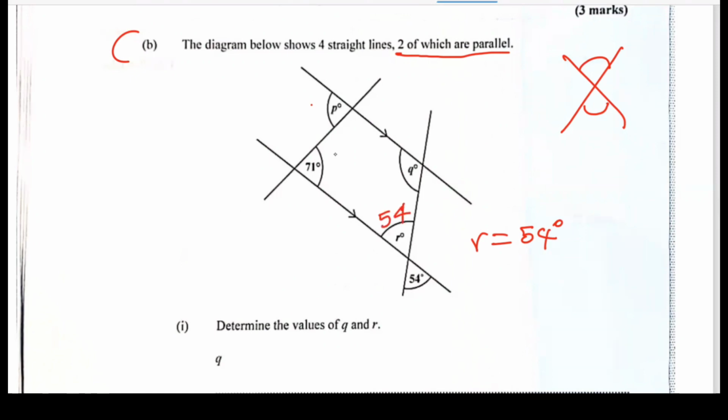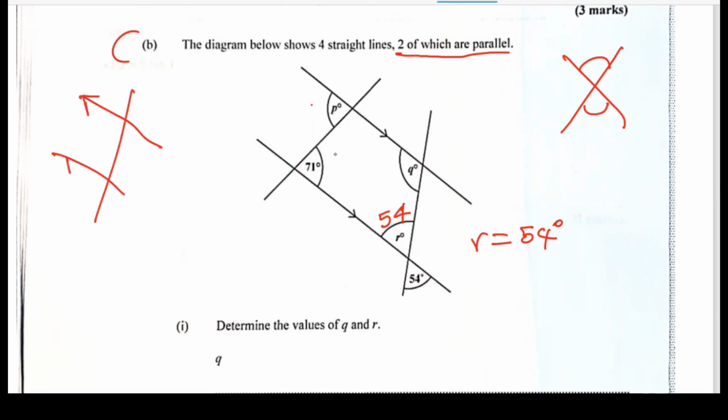All right. Now, you want to look at Q. Well, there are a number of things that you can do to find the value of Q. You can work out a number of things. One of the things that you could work out is this idea called co-interior.